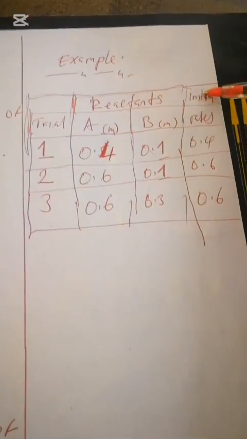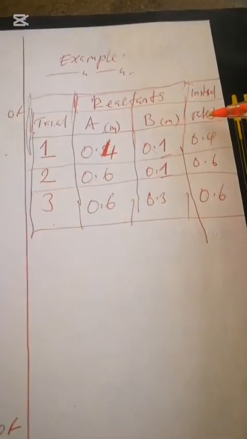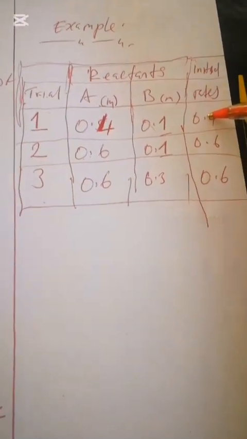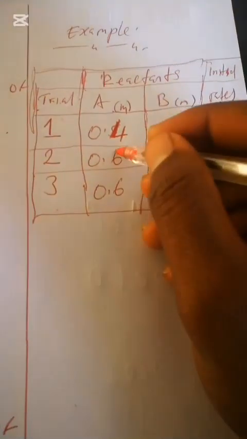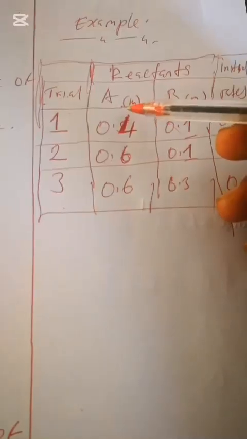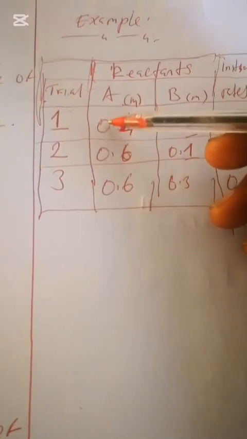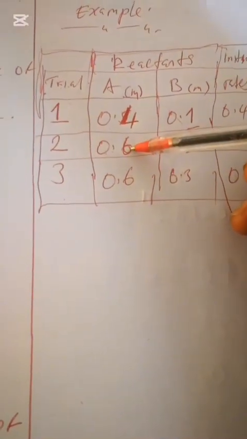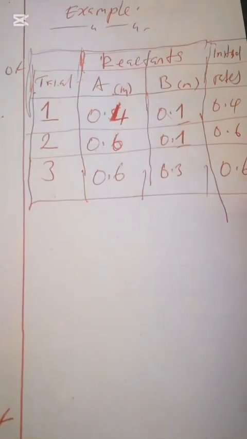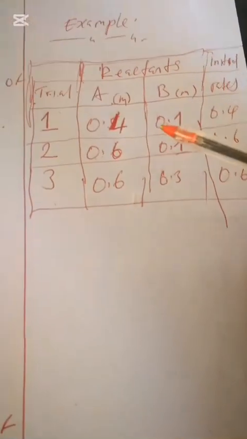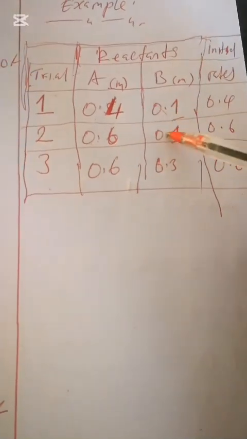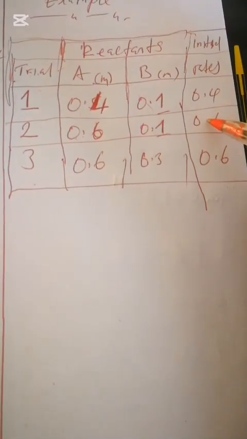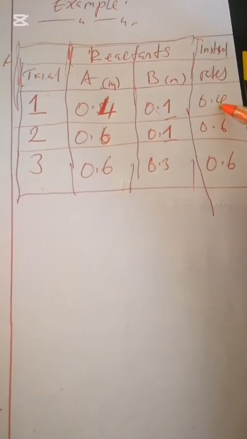And when you look at the initial rate, it was 0.4. If they increase the concentration of reactant A while they maintain the concentration of B, the initial rate changed from 0.4 to 0.6.